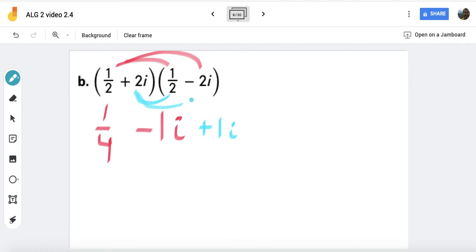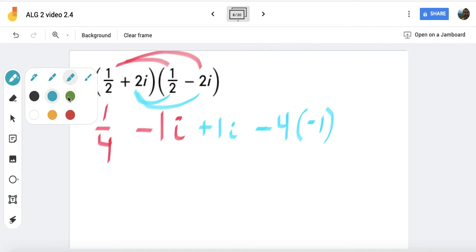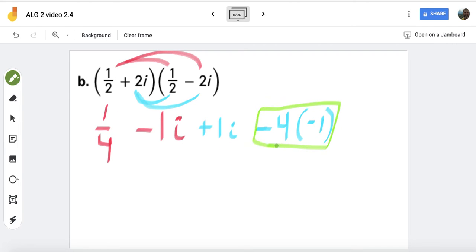And then 2i times negative 2i. The 2 times a negative 2 is negative 4. But then we have i times i, which is i squared. i squared equals negative 1. So change color one more time. Right here, that equals positive 4.